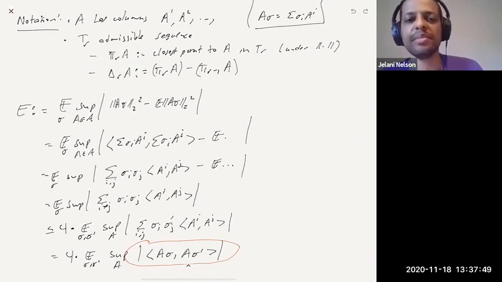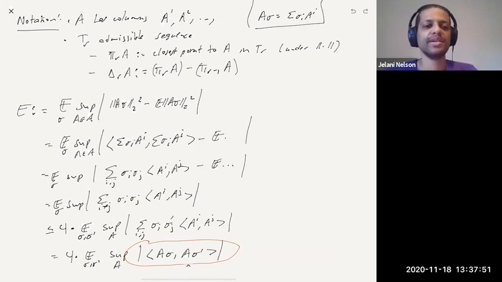If you don't remember what that means, it means T0 has size 1, T_R has size at most 2 to the 2 to the R, and the T_R's are nested. T0 is a subset of T1, which is a subset of T2, etc., which are all subsets of T. And I defined this notation, π_R A is the closest point to A in T_R under operator norm, and Δ_R is π_R minus π_{R-1}.